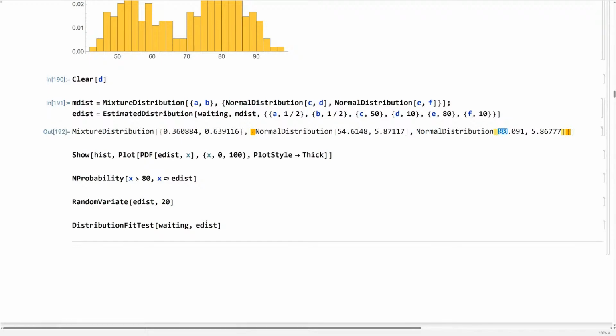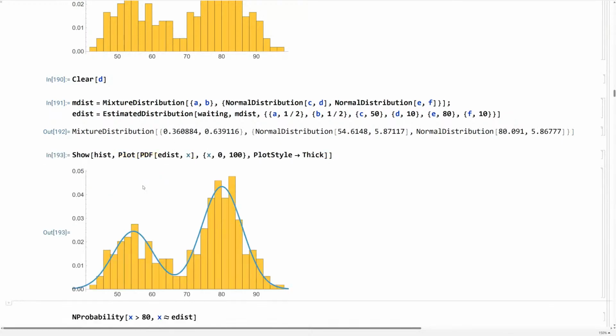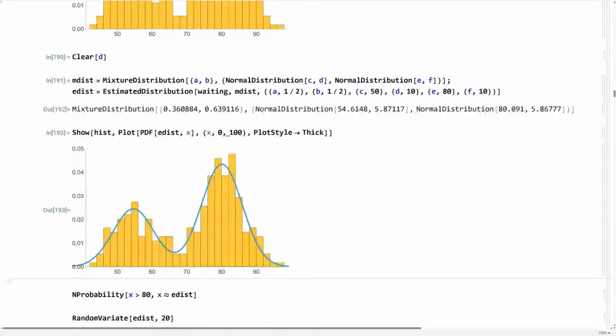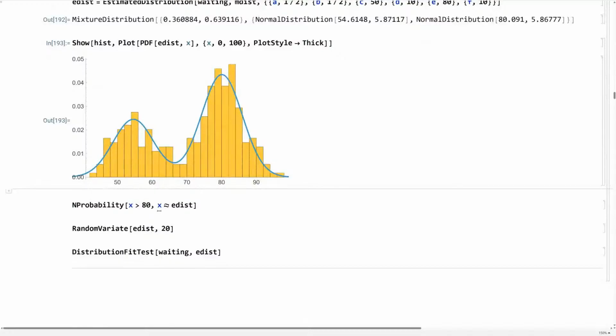So let's go back. It's just another distribution, right? So now we use the exact same code. We're just putting the distribution here, but all the PDF code is the same. We're showing the histogram and also showing the distribution, to see how they fit together.